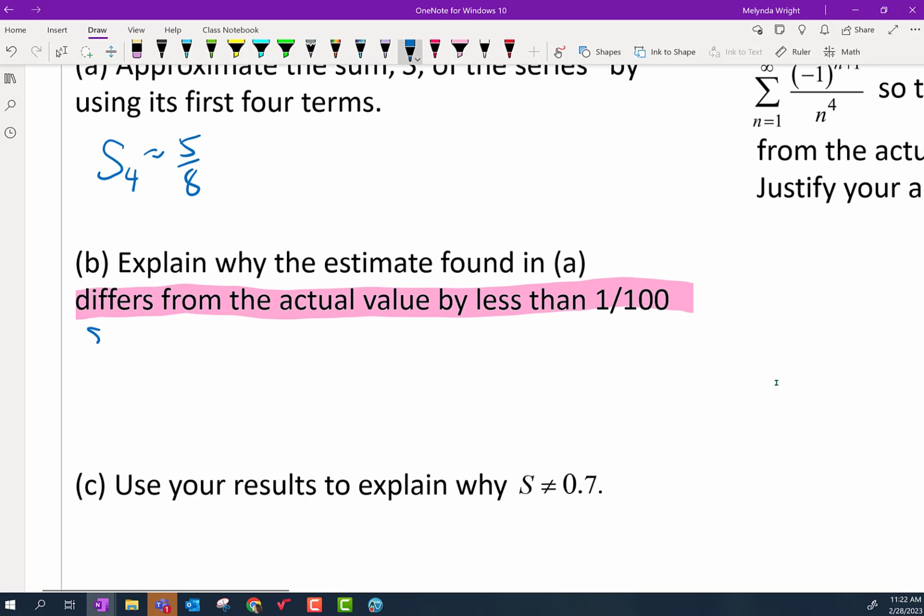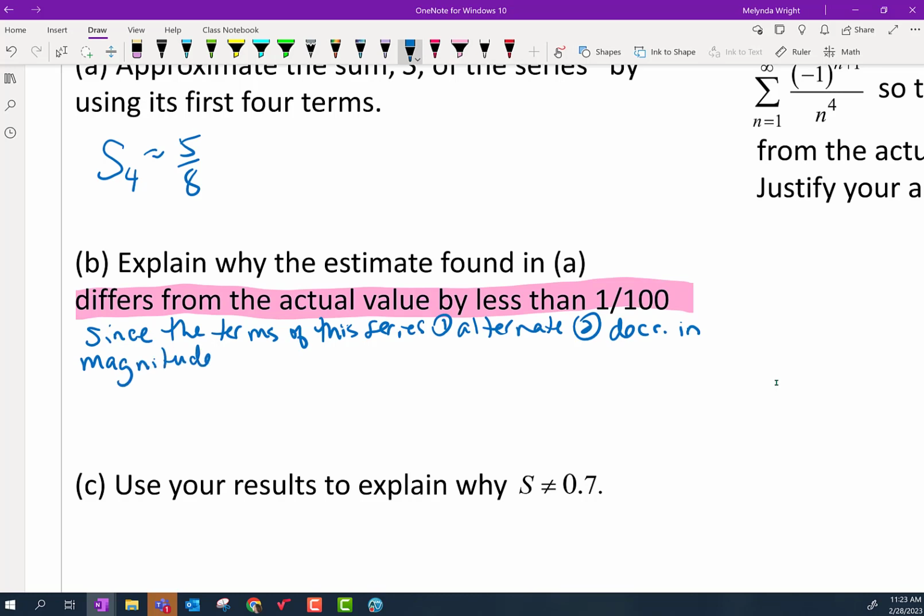Well, since the terms of this series, number 1, alternate. Number 2, decrease in magnitude.